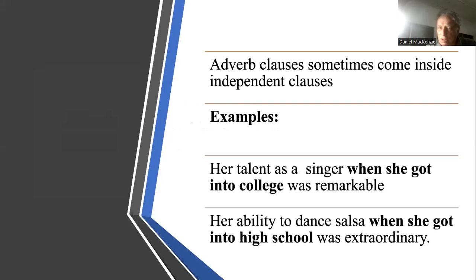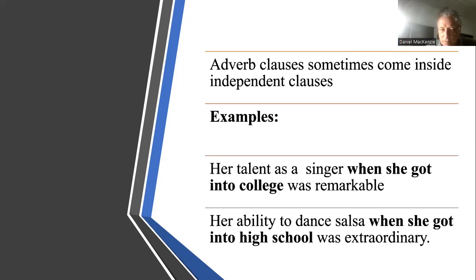Adverb clauses sometimes come inside independent clauses. Examples, her talent as a singer when she got into college was remarkable. When she got into college would be your adverb clause, and it's inside the independent clause. The independent clause in this case would be her talent as a singer was remarkable.